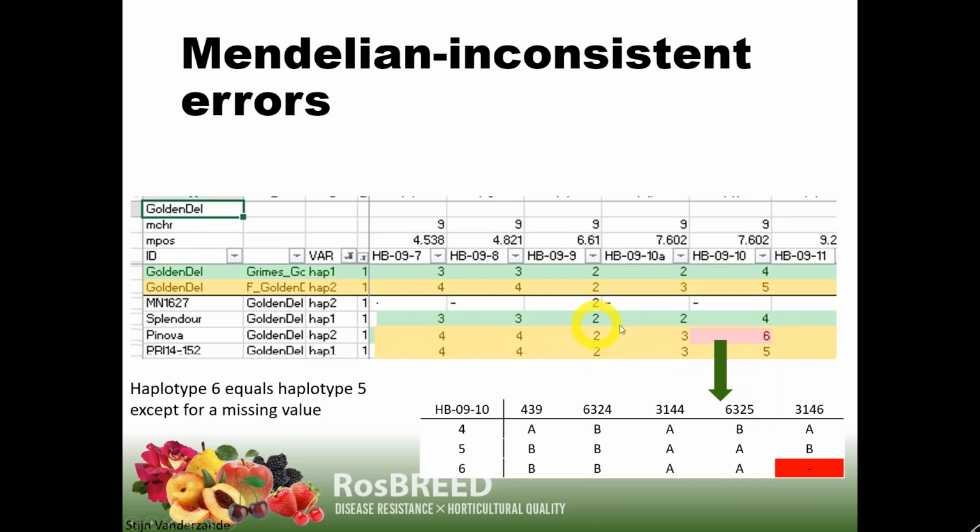And so you can see that this individual is all green, this individual is all yellow, and this one's all yellow except for this one red where there's an error. But we can see that both left and right, it's yellow, so it's very unlikely some weird recombination happened here.